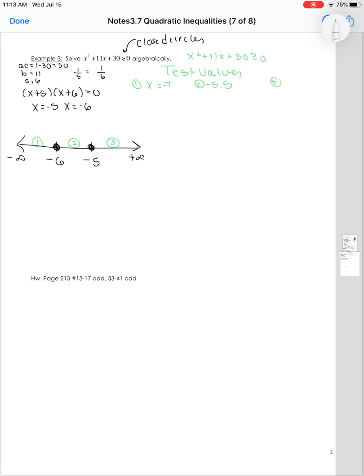Here's our problem: x squared plus 11x plus 30 is greater than or equal to 0. For region 1, I'm going to take -7. For region 2, unfortunately, you're stuck with a decimal. And for region 3, I'm going to go with the easiest, which is 0. You're going to plug each one into the equation.